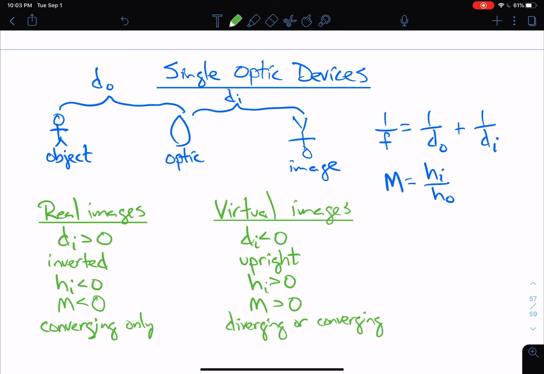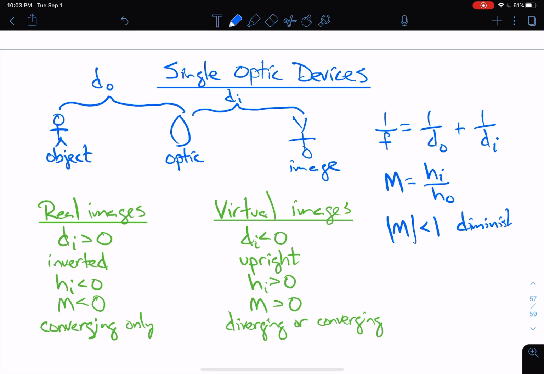Now, I've talked a little bit about magnification here. I want to add one thing that you can't put into either column as a general sense. And that just has to do with what magnification tells us. I should have mentioned this before when I was talking about the formula. But anyway, if the absolute value of the magnification is less than 1, then we call this a diminished image.